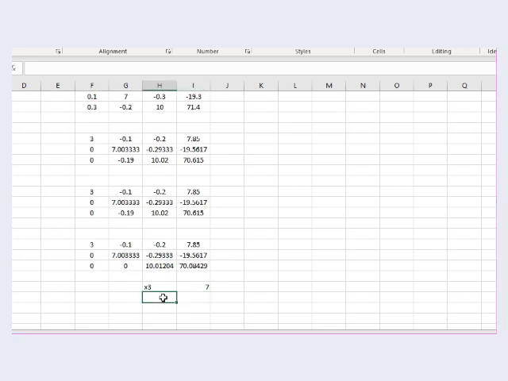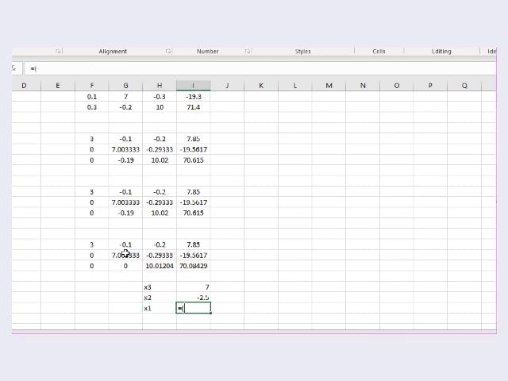Now since I know x3, in this equation I have only x2 and x3, so I can find x2 as the number here minus the number here. x2 is, I'll put a bracket, the number here minus this number multiplied by x3, divided by the coefficient of x2. So it comes out to be minus 2.5.